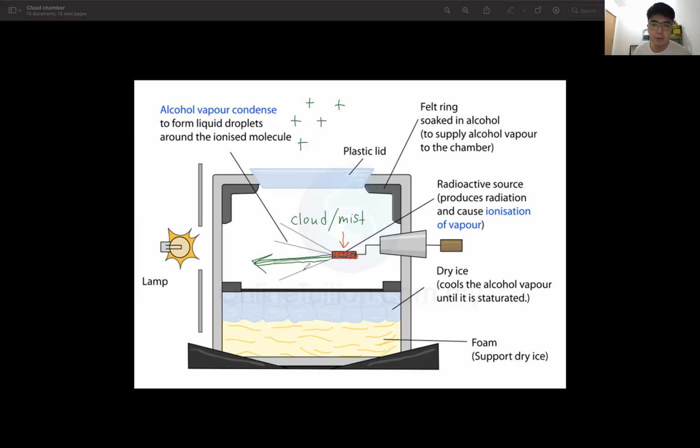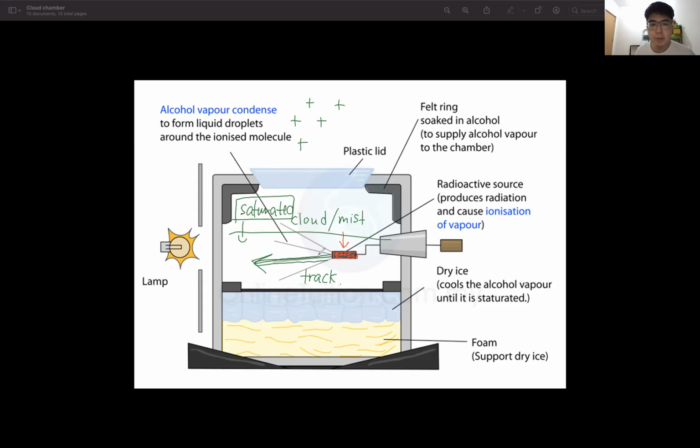Sometimes they will ask you to explain how the track is formed. Then you have to explain: because the saturated air is about to condense, but once the emission comes out, there's a disturbance and it causes the air to condense to become cloud.